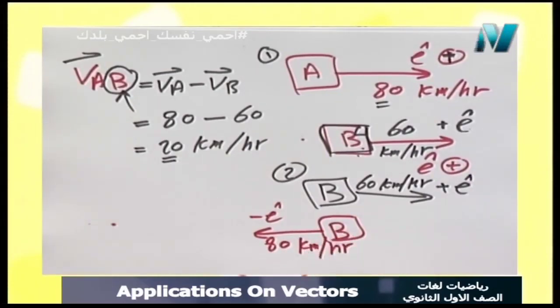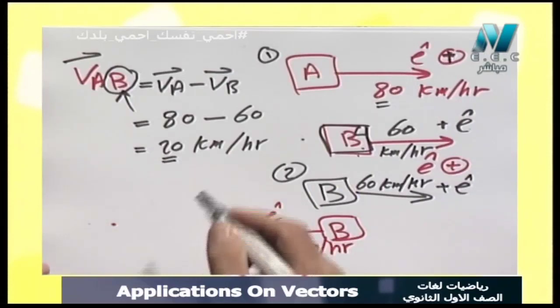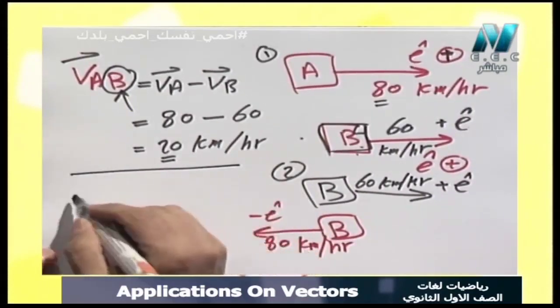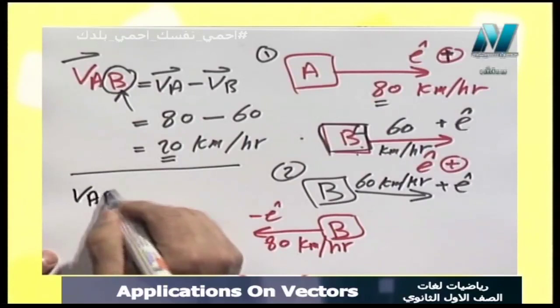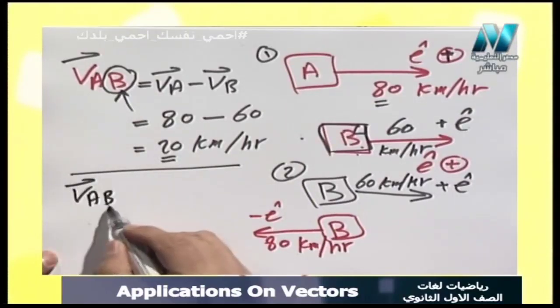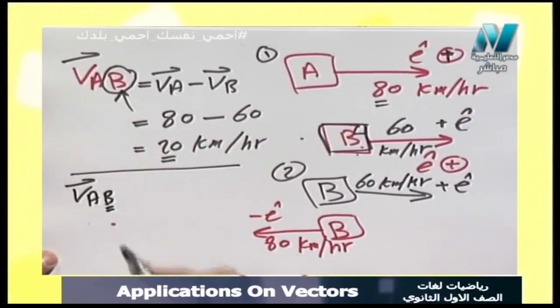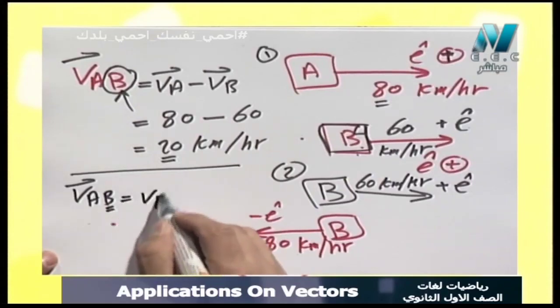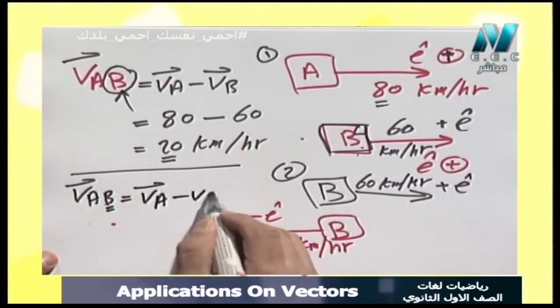So what is the velocity of the car A relative to the car B? VAB, and concentrate on B, it's the observer, equals VA minus VB.